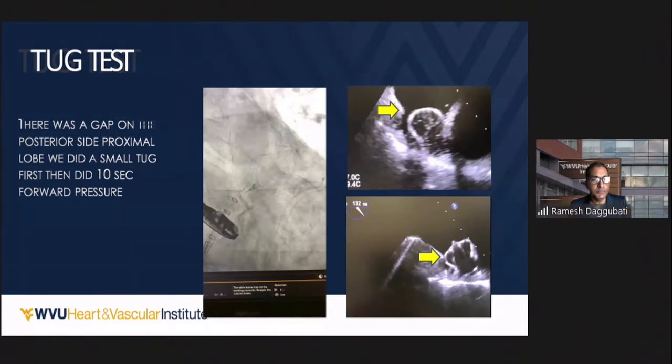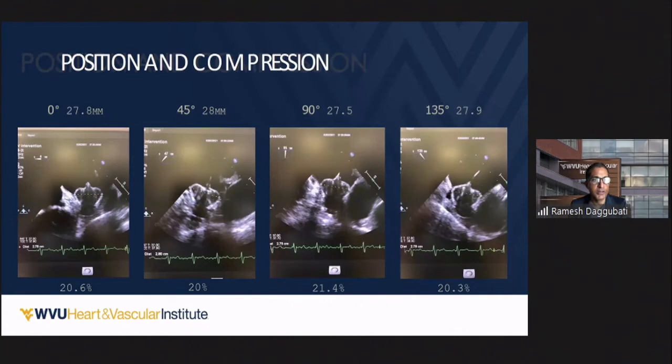Then when it was performed with the WATCHMAN Flex, there was a gap on one of the views. At 132, it did not appear bad. At 90 degrees, it appeared that there was a gap. So a small tug test was done, and after 10 seconds of forward pressure, the gap became much less, and we felt that this patient could be let go.